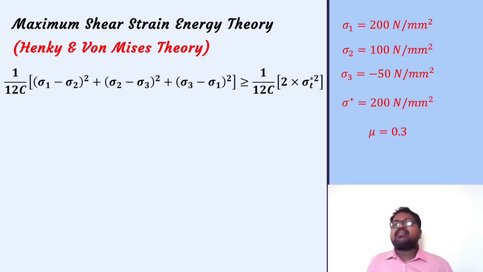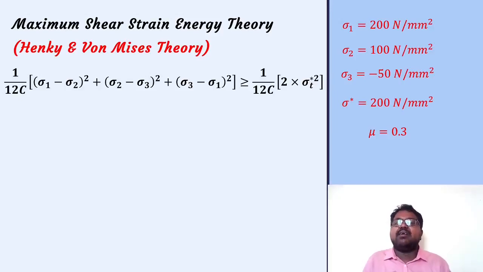And the last one is the maximum shear strain energy theory. According to this theory, if the maximum shear strain energy stored in a body per unit volume is greater than or equal to the shear strain energy stored in a body at elastic limit due to simple tension per unit volume, then the member will fail, which is given as 1 by 12C of sigma 1 minus sigma 2 whole square plus sigma 2 minus sigma 3 whole square plus sigma 3 minus sigma 1 whole square.